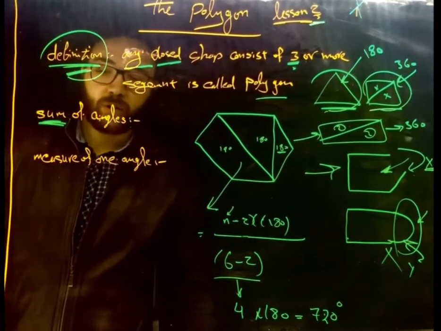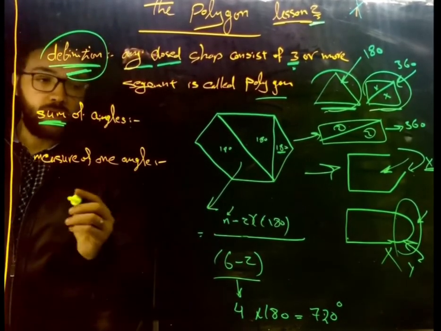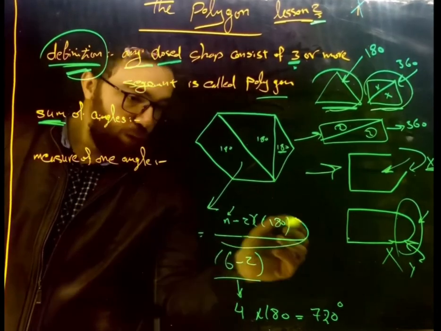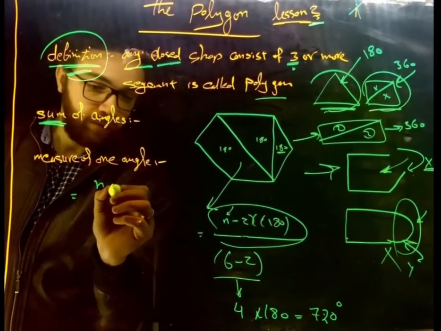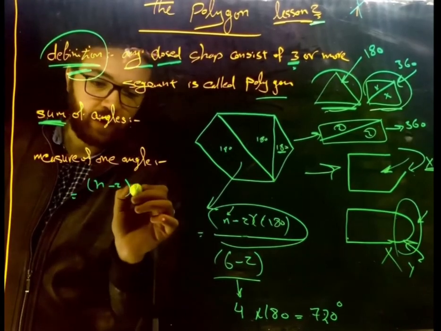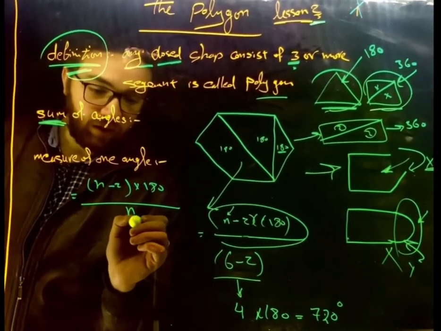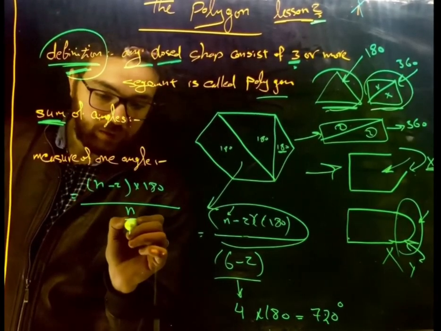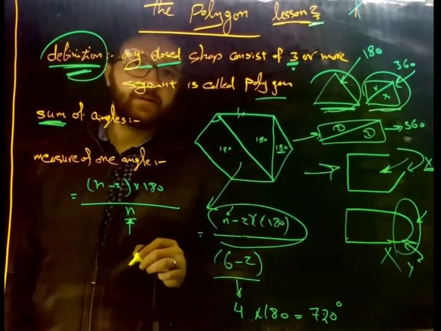The measure of one angle in one shape equals n minus 2 times 180 divided by n, where n is the number of angles, which equals the number of segments.